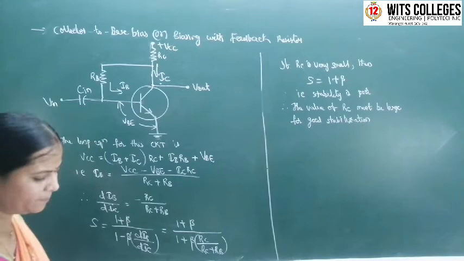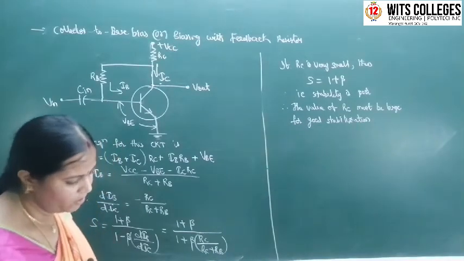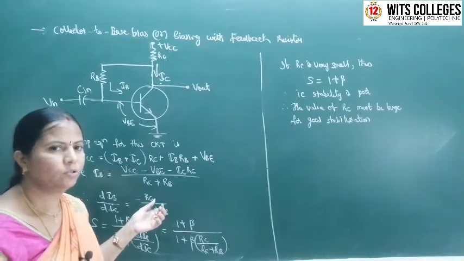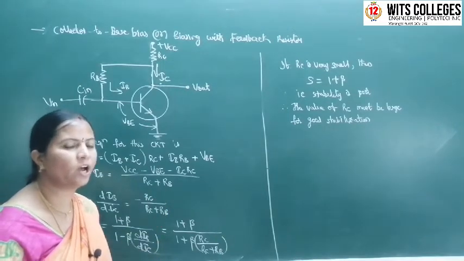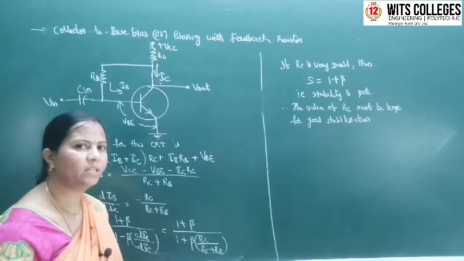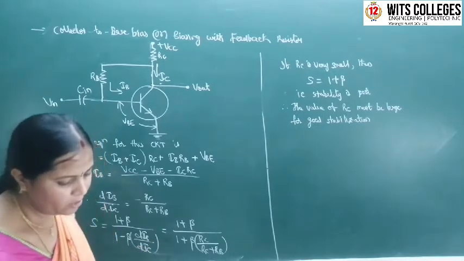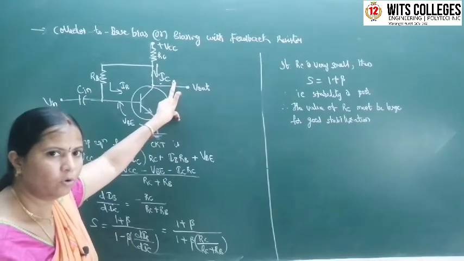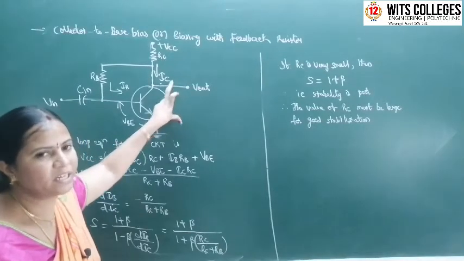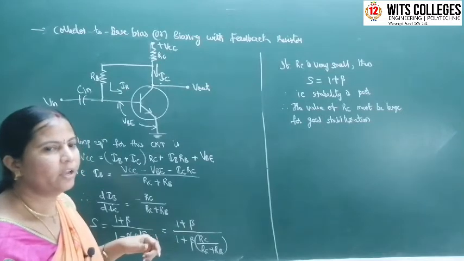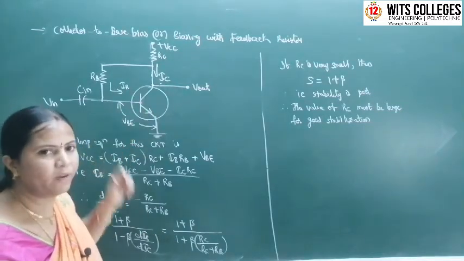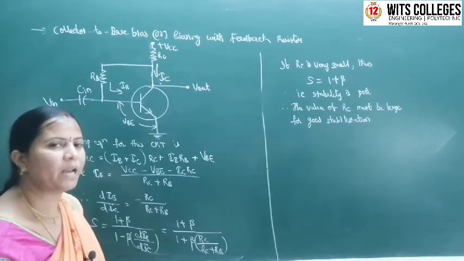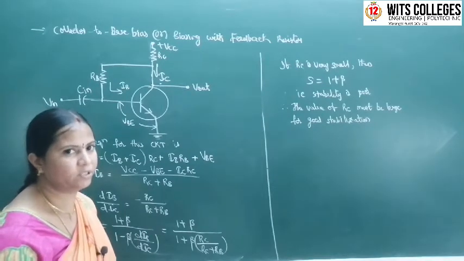This circuit is the simplest way to provide stabilization to the amplifier circuit, in order to keep the operating point stable in the active region. In this circuit, if the collector current is increased, or if you increase the temperature, or if the transistor is replaced by another one, then the value of beta, the current gain, and the transistor parameters are going to change.